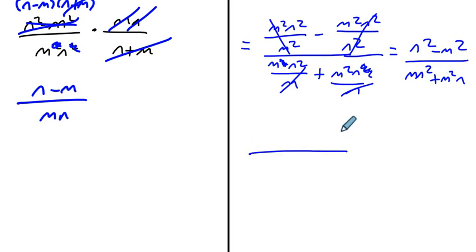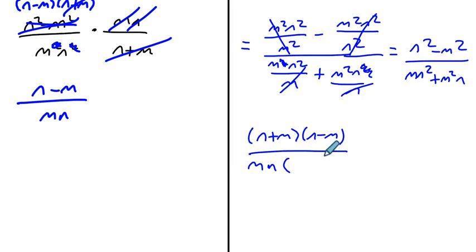So what can I do here? Well, look, on top, I can factor that to be n plus m, n minus m, right? Difference of 2 squares. And then this guy, I could factor out a common multiple of 1 m and 1 n.